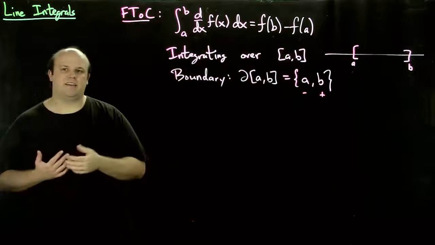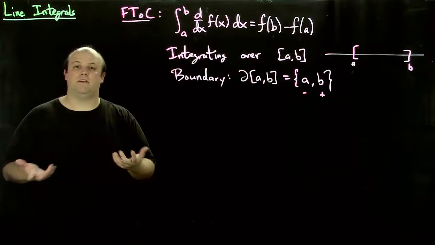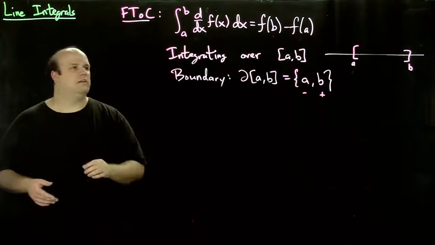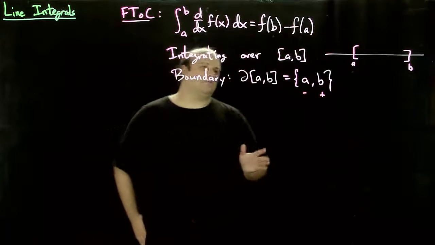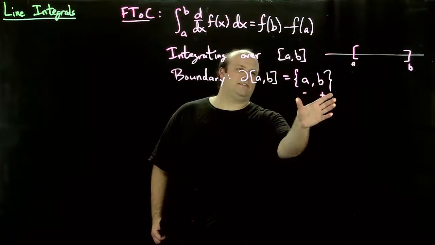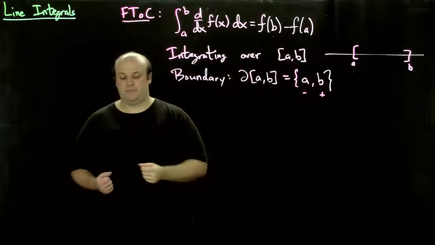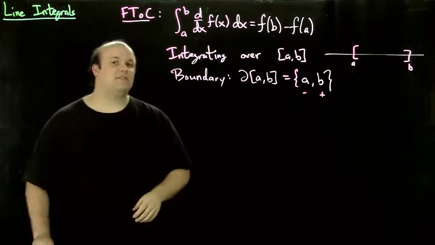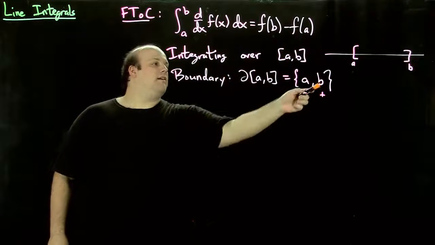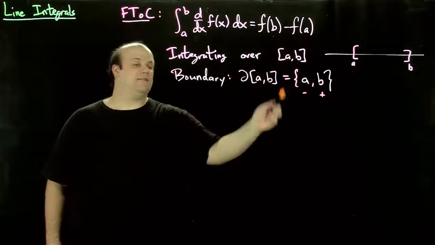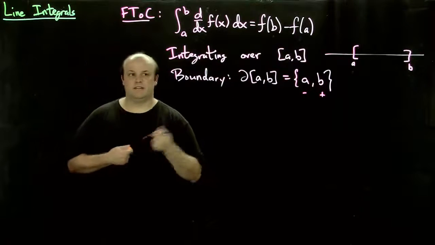And when you take an integral over a discrete set of points, that's just a finite sum. So the fundamental theorem of calculus should be interpreted as switching a derivative for a boundary. And that's why it's f of b minus f of a. The a has this minus encoded in it.